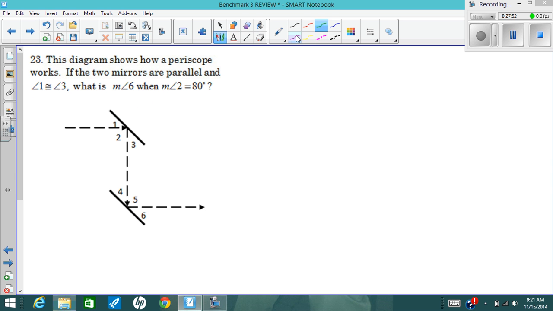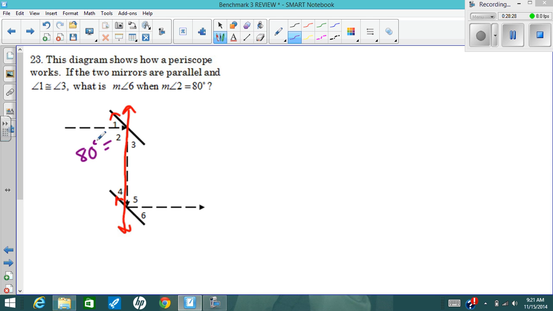Here I have a diagram where I have a couple parallel lines. These two mirrors, the darkened lines, are parallel. And I have a transversal here. And I'm told that angle 1 and angle 3 are congruent, and angle 2 is 80 degrees.